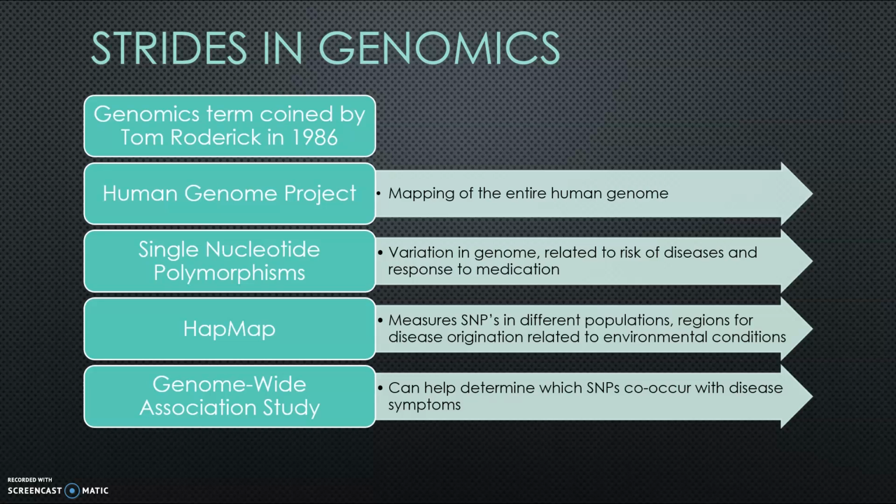Before I get ahead of myself, back to where I was. GWAS, Genome-Wide Association Study, is a study that can help determine which SNPs co-occur with disease symptoms. The GWAS is what allows us to figure out how some people may be at risk for certain diseases by looking at people that already have that disease and figuring out how that relates to the SNPs in their genome.